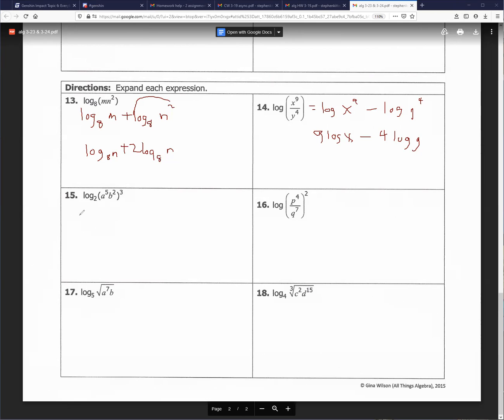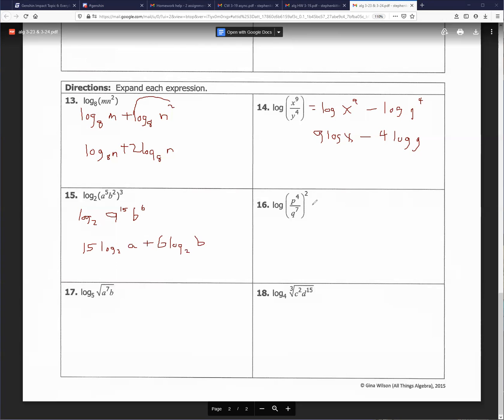All right. I'm going to simplify this first by cubing the guts of this thing and say it's a to the 15th, b to the 6th, because why would we do it any other way? It's just more work if we don't. And if we take this apart as a plus log and then we bring our powers down, we're going to end up with 15 log base 2 of a plus 6 log base 2 of b.